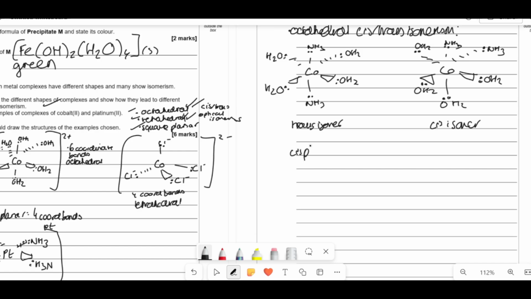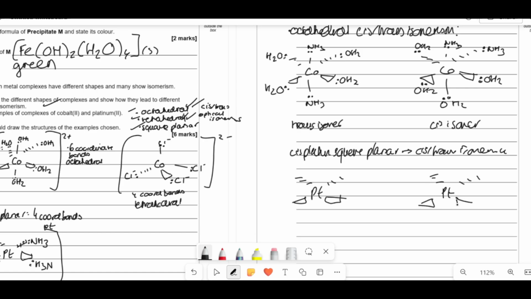So cisplatin is square planar and has cis-trans isomerism. So then the cisplatin is Pt. If I just draw the wedges out, because I always do it like this, and the dashes, and then another Pt here.